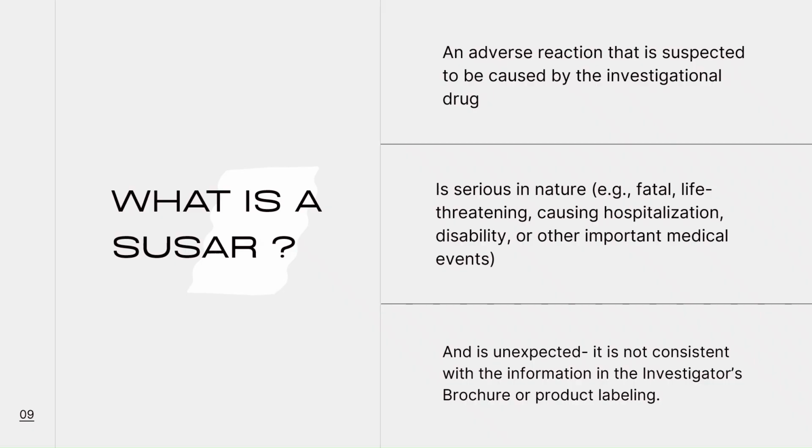So this is the seriousness part, which comes from here, SUS. And then we have unexpected, which is not consistent with the information in the investigator's brochure or product labeling, just as we discussed what expected is and what an unexpected event is. So this gives us the complete definition of a SUSAR.